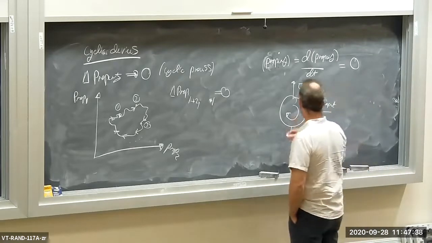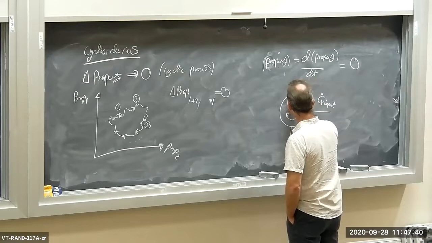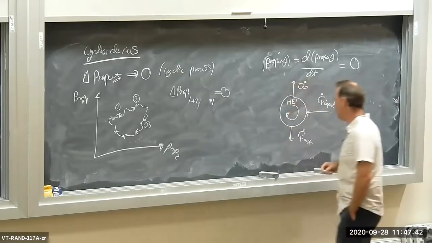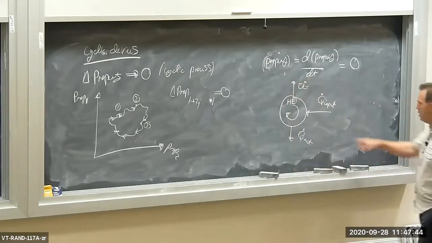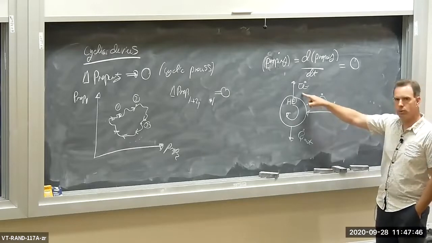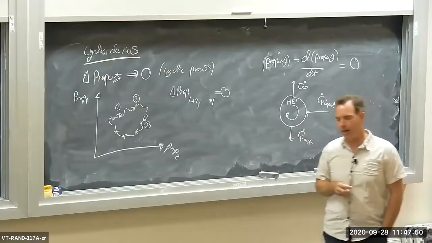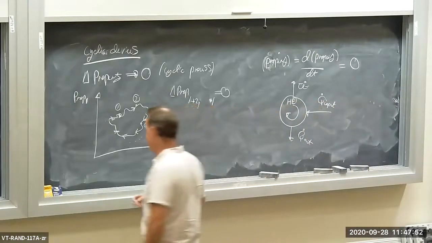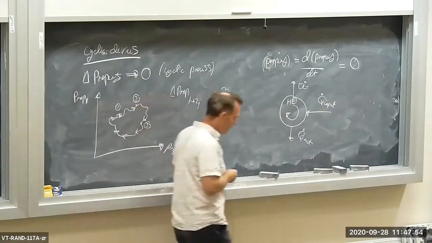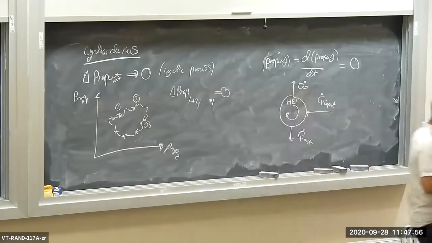So this cyclic device might be referred to as a heat engine, HE. Takes some heat, produces some work, and whatever is left over spits out as some rejected heat, Q dot out. So that's an example of a rate-based application of a cyclic device, okay?